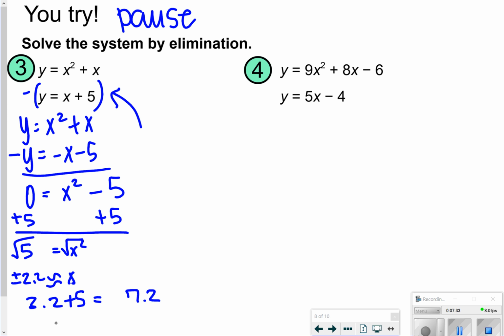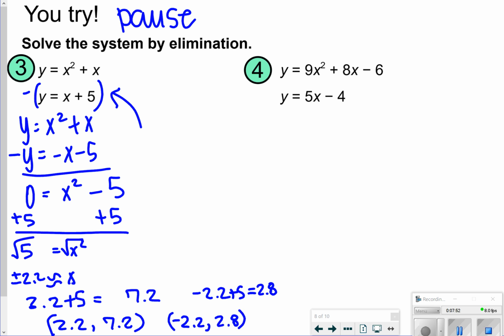So when x is 2.2, y is 7.2. And then if I do -2.2 plus 5, that's going to give me 2.8. So when x is -2.2, y could be 2.8.